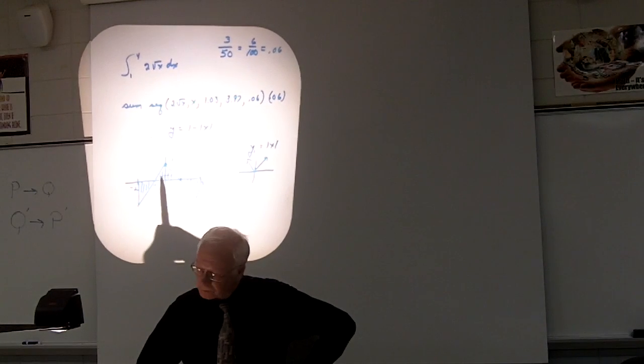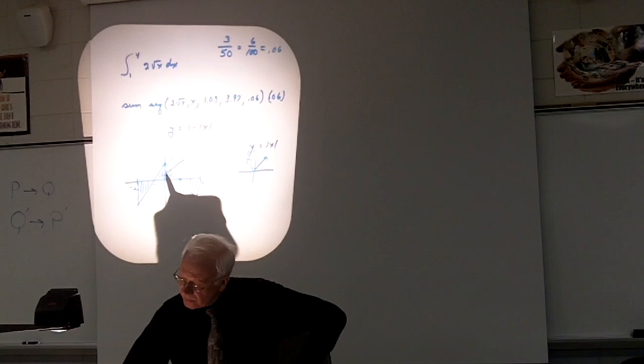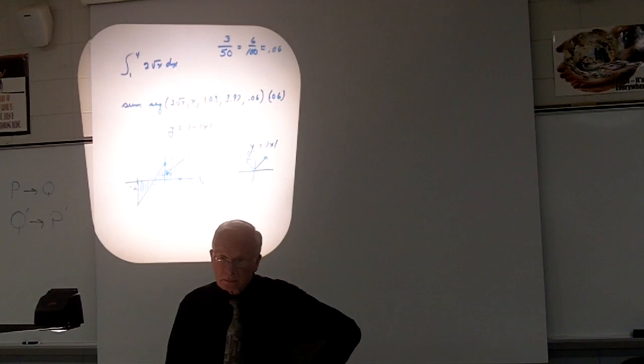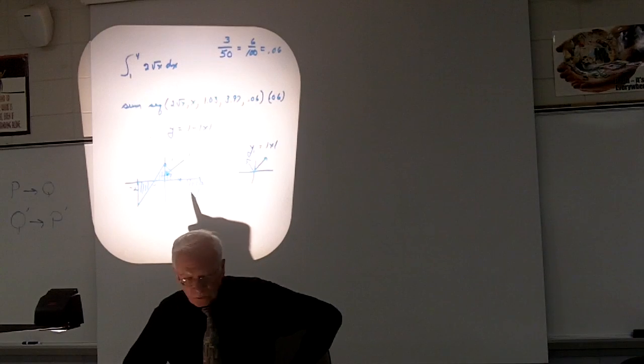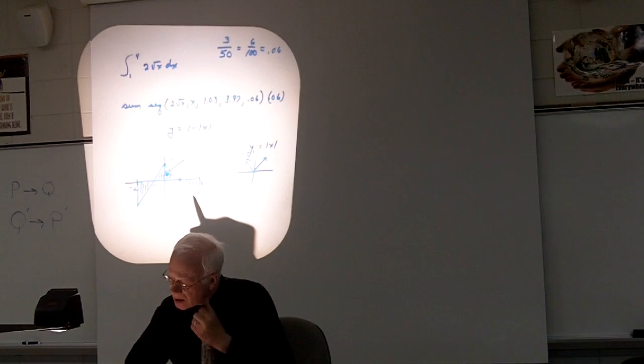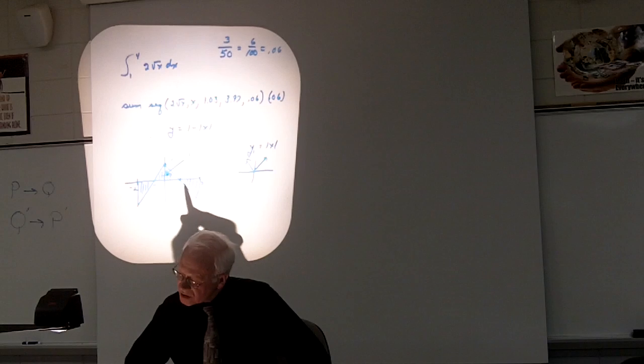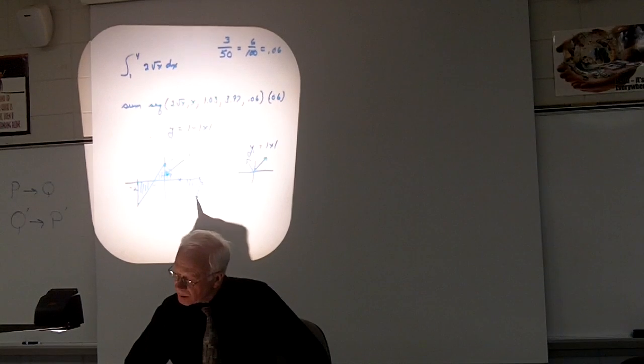And so what's this area? That area is 1. Lots of 1s going. What's the area of this? Just a second. This is 2, and so this is going to bring me to 1.